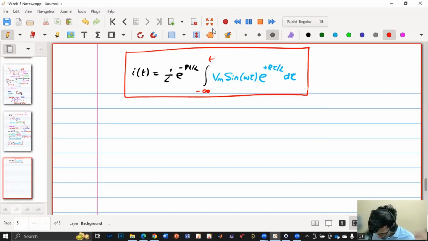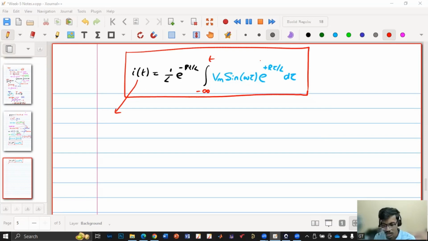Now what happened is this I of t is the output when the input is Vm sine omega t. So this is my I of t. Now I need to solve this integration by parts to get the I of t. I will not go into the details because we are running out of time.